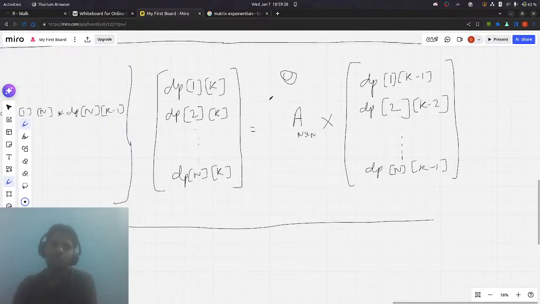Similarly, the second one will be multiplied with this and counted as the second value. So at the end of the day we will have a matrix of size n cross 1, since this is n cross 1, and the result will also be an n cross 1 matrix only.